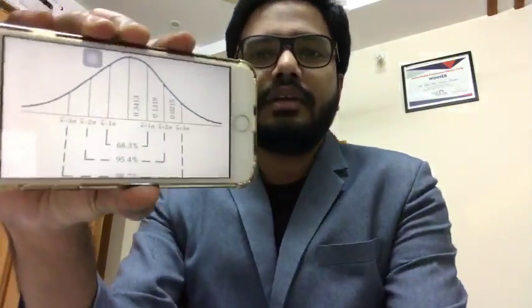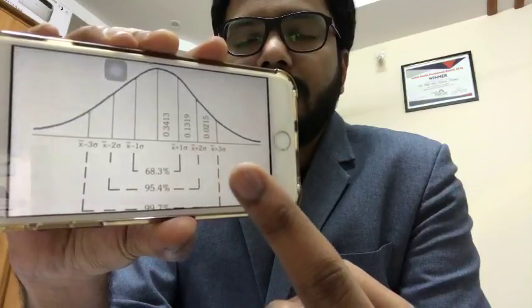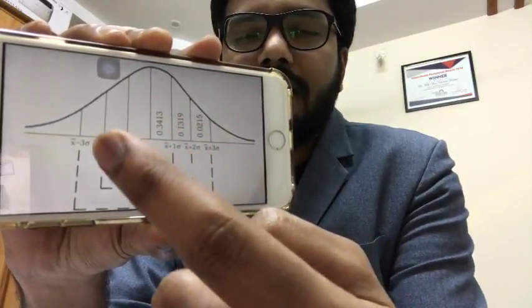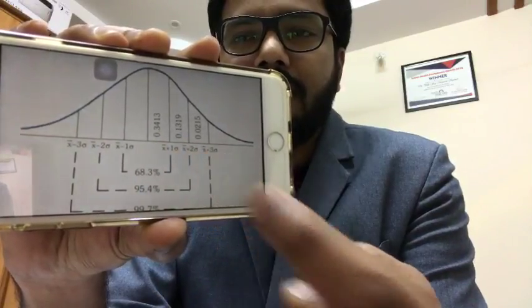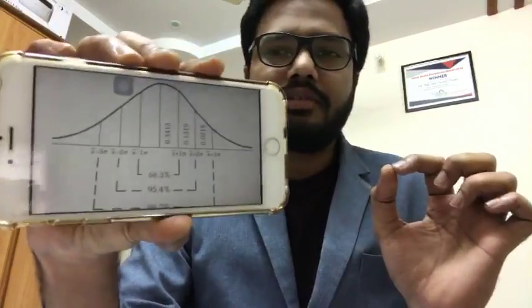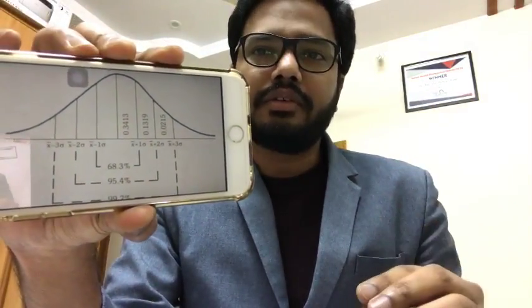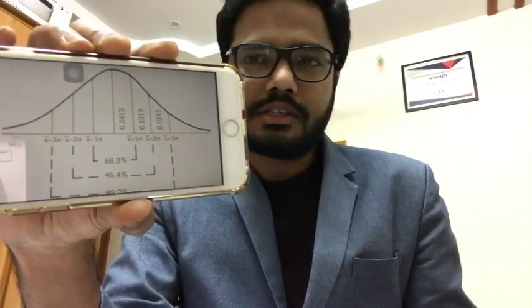As you can see here, we have a normal distribution, and you can see the mean, and these are the standard deviations, right? First standard deviation, second and third. These standard deviations give us an idea of the distribution of the observed values, like how they are distributed within this normal curve.